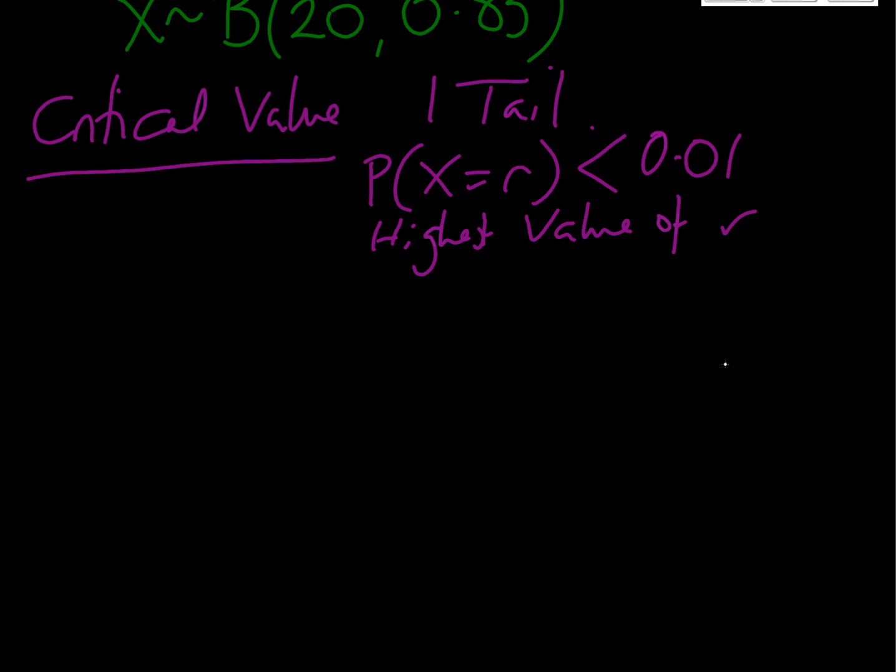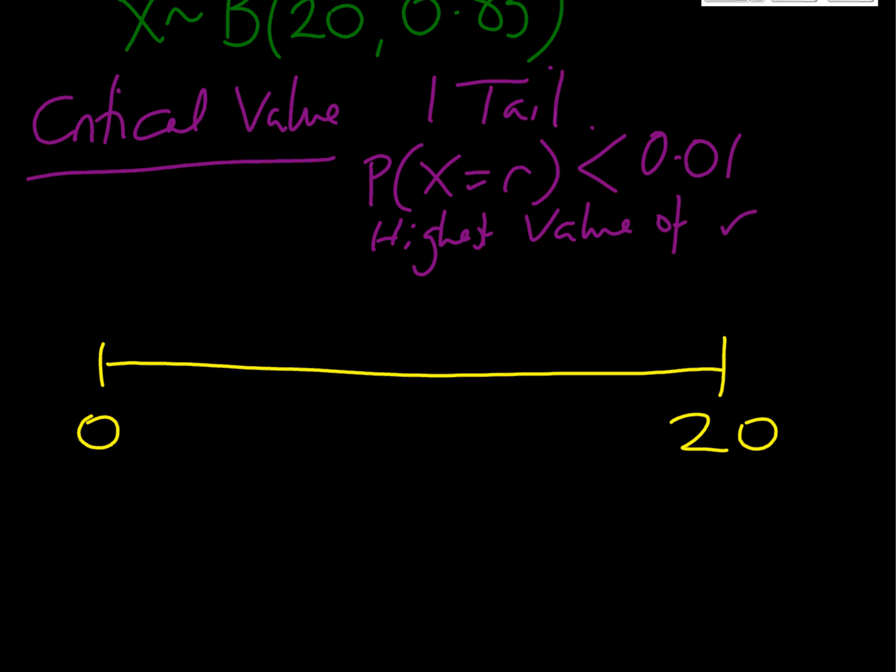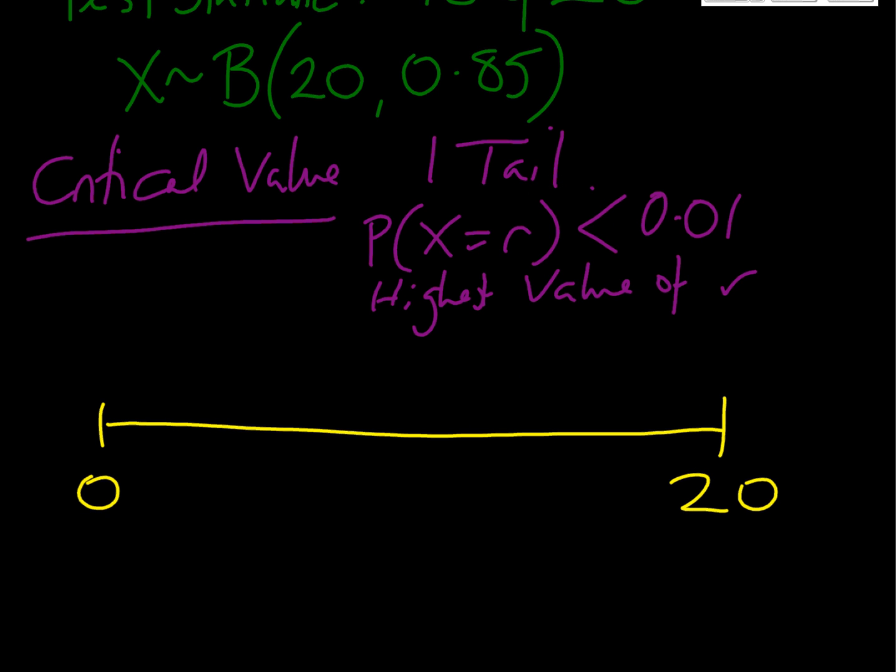So I'm going to start to draw ourselves a diagram here because I think it will help us. In this case, we've got a binomial, with the number of germinations being between 0 and 20. Given the values there of n and p, we know that our expected value formula would be np.